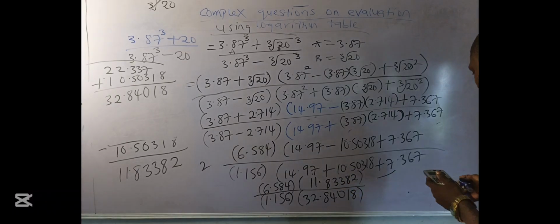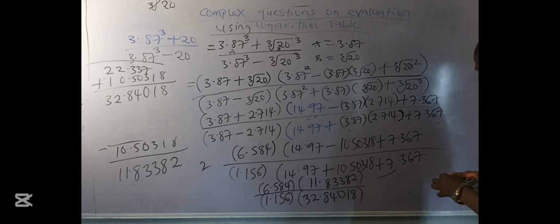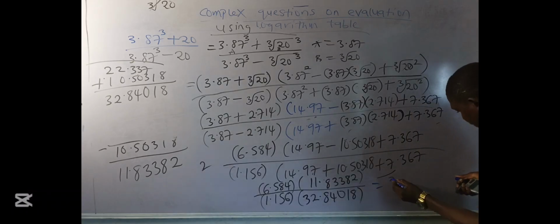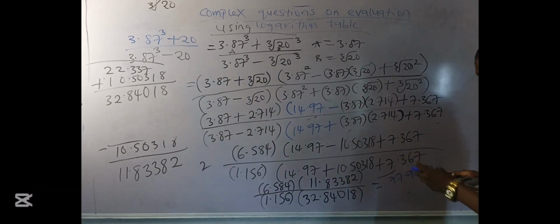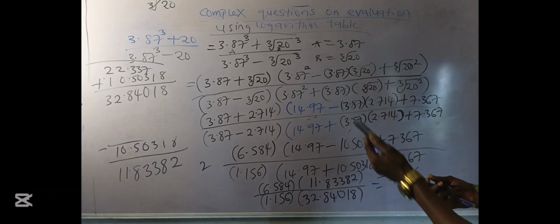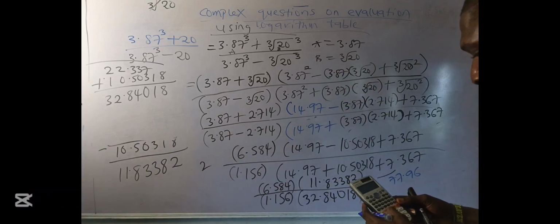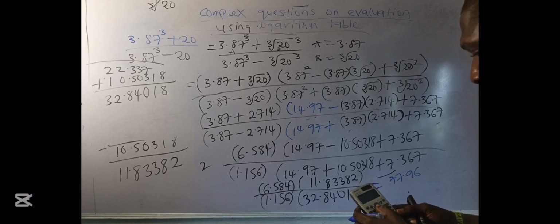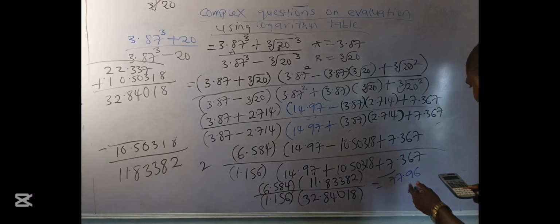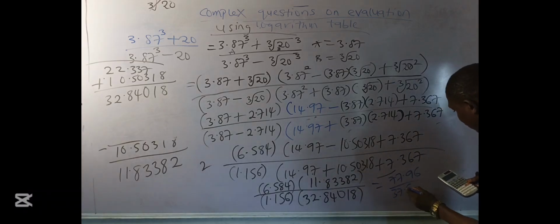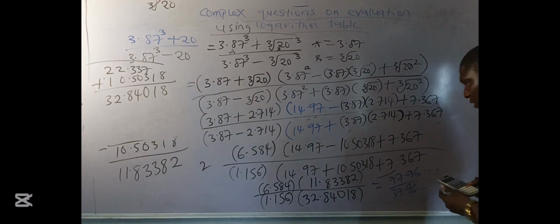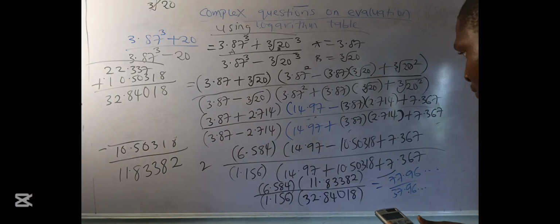That gives us 77.96 and so on for the top, and the bottom is 3.87 raised to power 3 minus 20, which gives us 37.96 and so on. So let's check ours before we proceed.